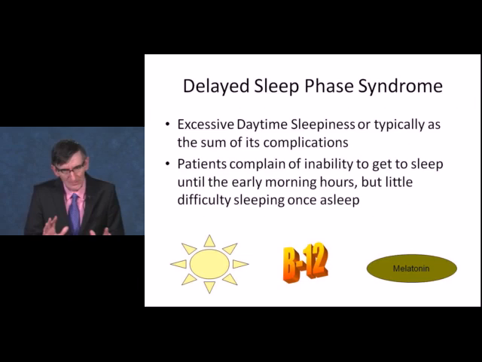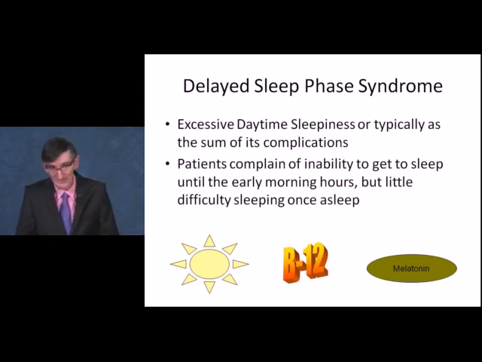Now, what happens is you get excessive daytime sleepiness, and these kids go to bed at a regular time and stay awake till 3, 4 a.m. in the morning, and would normally, left to their own devices, get up at 3 or 4 p.m. Now, the patient complains of inability to get to sleep until early morning, and little difficulty sleeping once asleep. Very, very typical. Now, this is a very hard thing to deal with in teenagers, and generally you have to do the best you can, because school start times are still an issue.